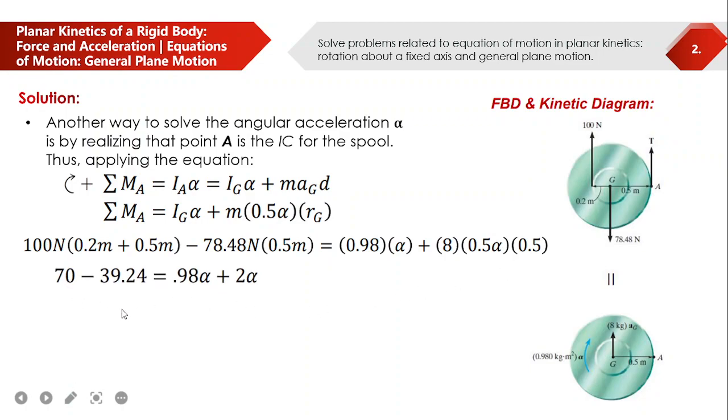So 70 minus 39.24 is equal to 0.98 alpha plus 2 alpha. So the angular acceleration alpha is equal to 10.32 rad per second squared. That's how you solve for your angular acceleration using the IC way. So I think that's how you solve for the angular acceleration of this problem.